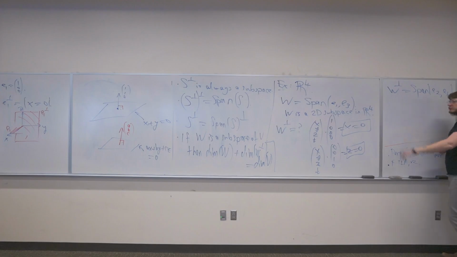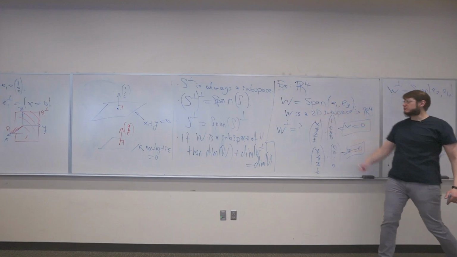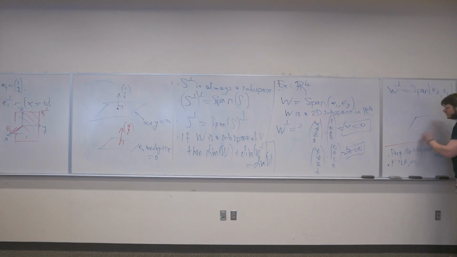So what is happening here? We have this W. It's the span of 2 of these standard vectors. It's a plane, but somehow perpendicular to it is W perp. So this is the E2 axis. This is the E4 axis. Of course, I'm drawing it like this, but you should imagine that this is one plane, this is another plane, and the only point they intersect at is the origin.